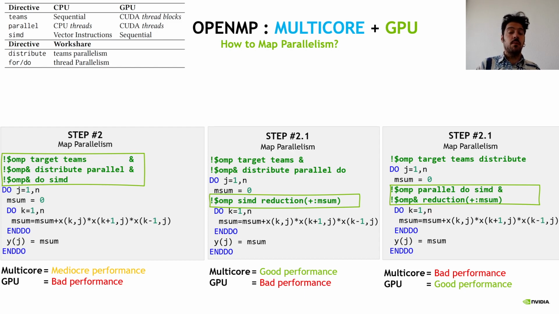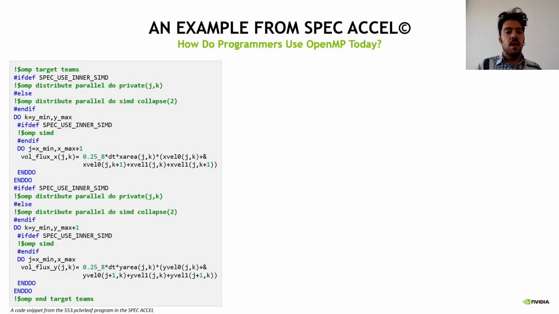But what happened to the multicore now? I completely ruined the performance because I put the parallel directive inside the loop, so it does fork-join all the time. It is a big overhead. As you can see, even with a simple code, it is so hard to write performance portable code with OpenMP today.